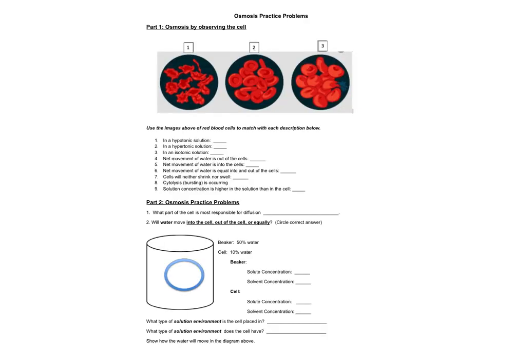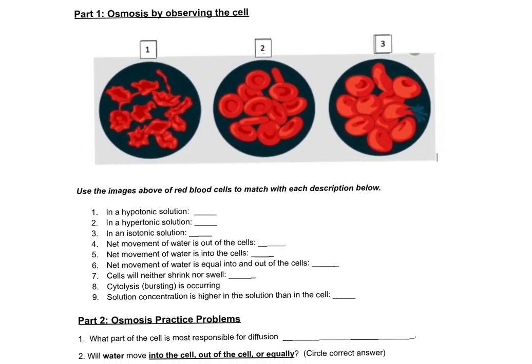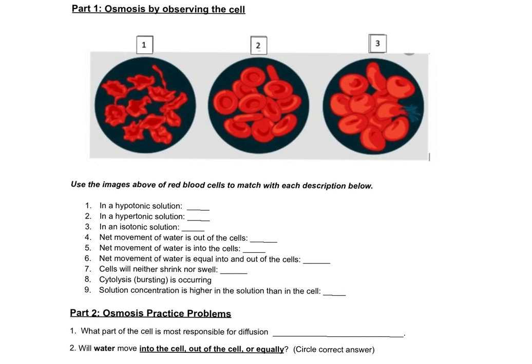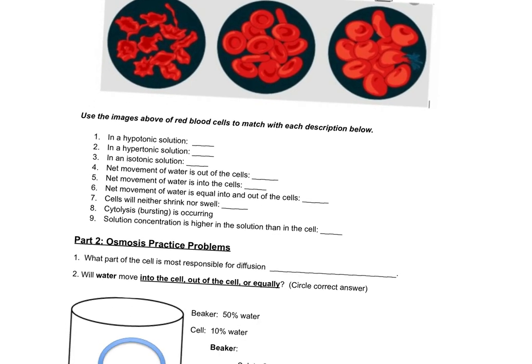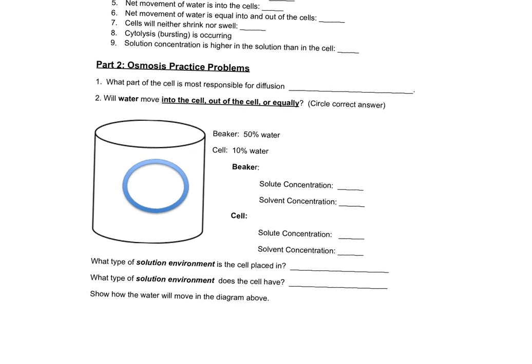Okay. All right, so in this first one right here, this first question is just kind of using your notes to make sure you know what hypotonic, isotonic, and hypertonic is all together. But I want to do a practice problem with you.